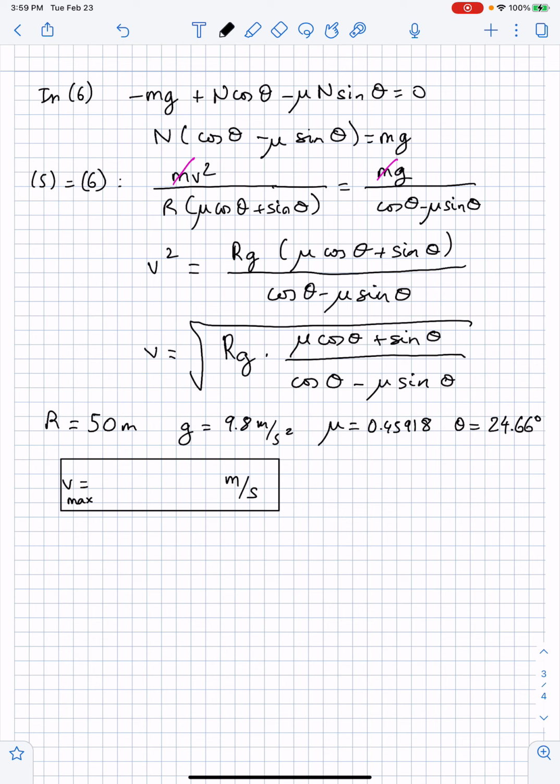Plus sine of 24.66, 0.83, divided by cosine 24.66 minus 0.45918 times sine 24.66, 1.16. Okay, that is different. I don't know what I did wrong earlier.